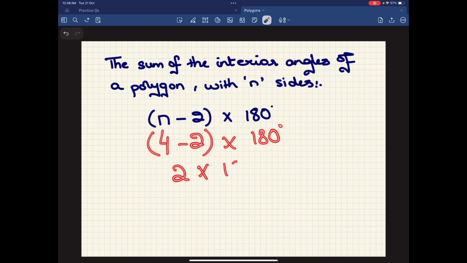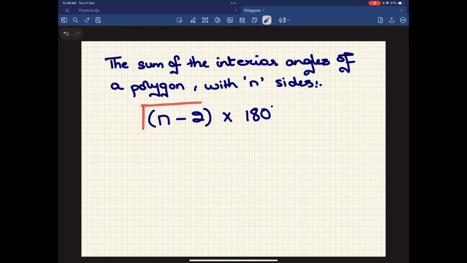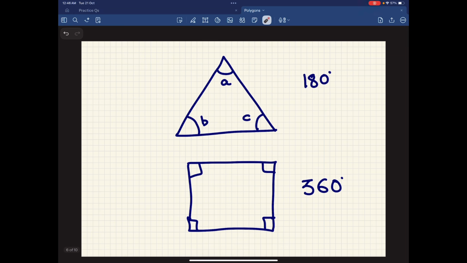So 2 times 180 is equal to 360 degrees, as we already know. So we can use this formula to calculate the sum of the interior angles of a polygon. Please keep in mind that this formula gives you the sum. It adds up all the interior angles and gives you the sum of the interior angles.